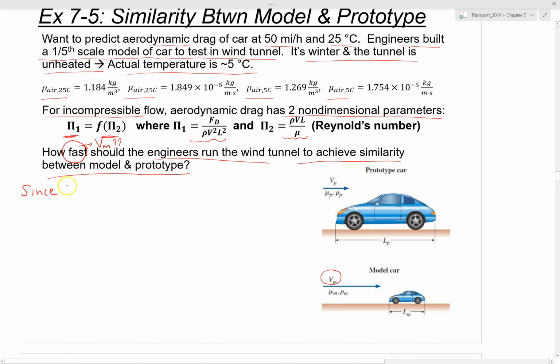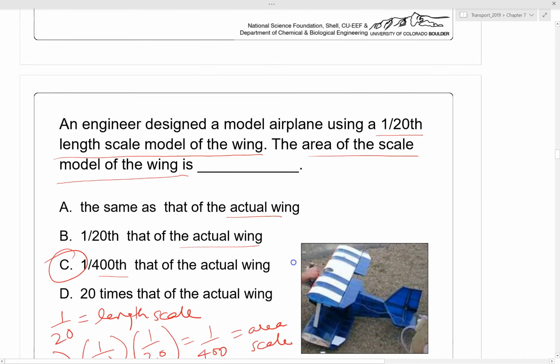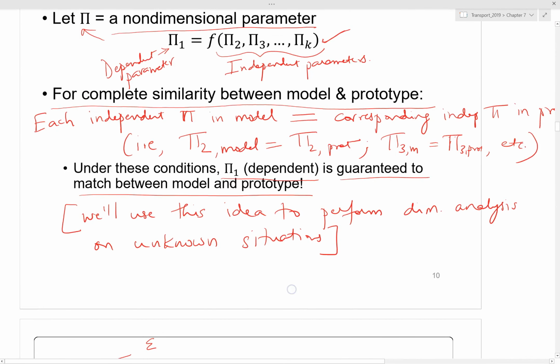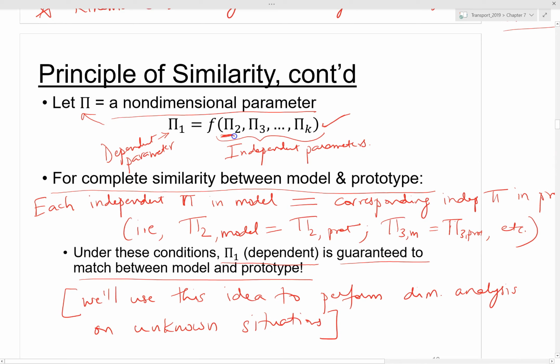So since we have only one independent pi, which is the Reynolds number, similarity is achieved, again I'm going back to the slides, if you match your independent pi's between the model and the prototype.